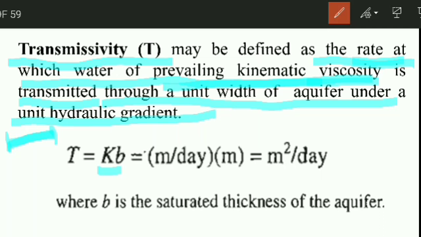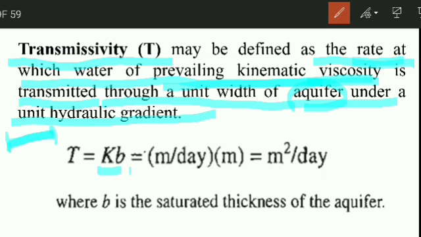B is the thickness of the aquifer which is saturated with water. So you can define transmissivity as the product of K and B, where K is the hydraulic conductivity and B is the saturated thickness of the aquifer.